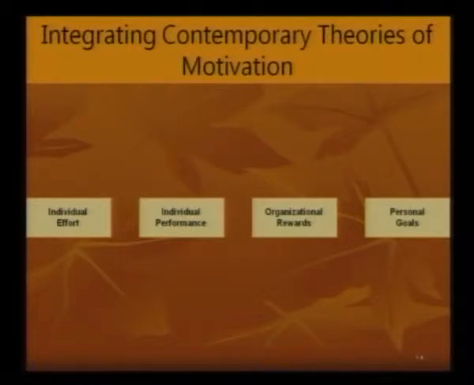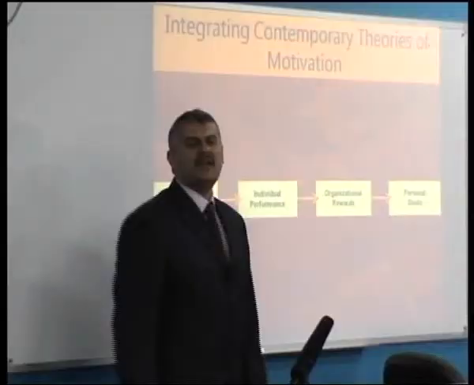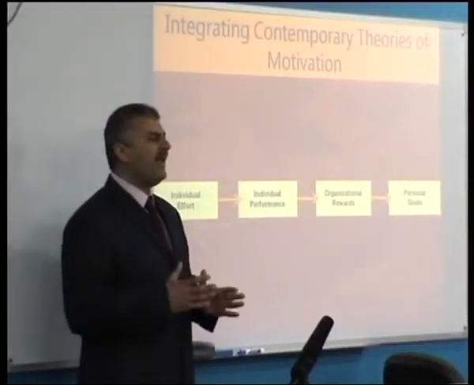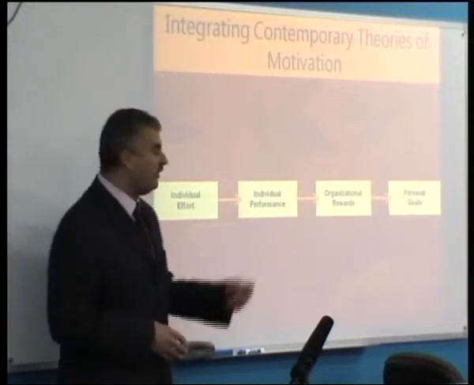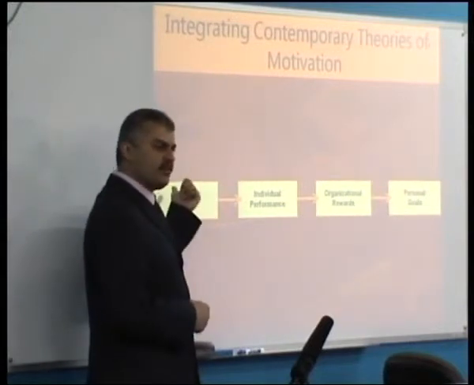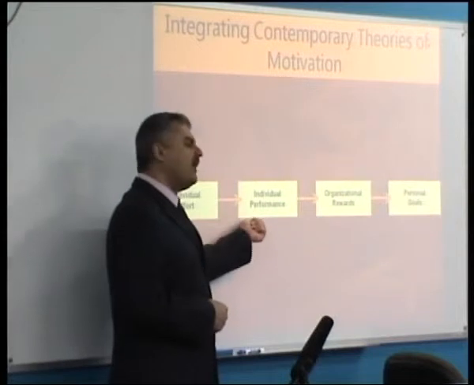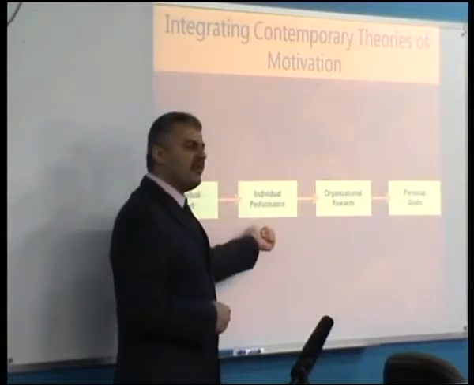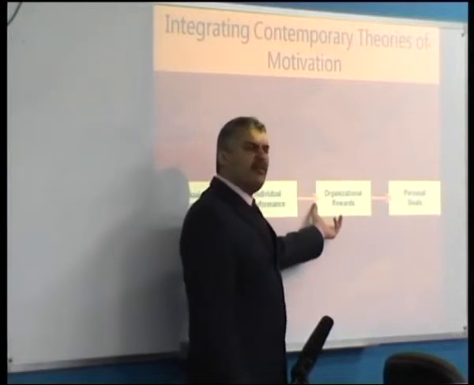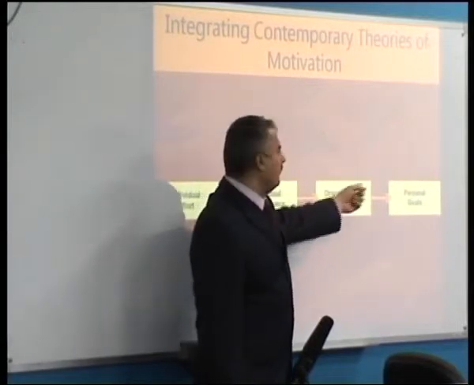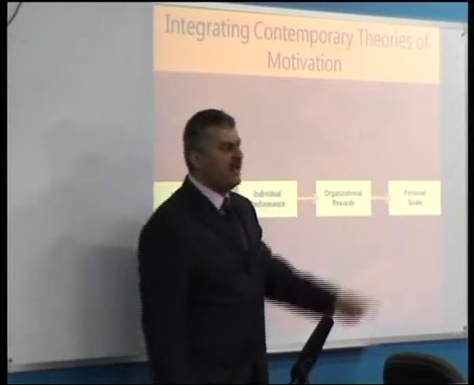But here, the expectancy theory is helping us to find out that there are four main components which are very important in any situation. Employees need to exert effort. They must reach the performance level desired by the organization. Rewards must be given by organizations in order to satisfy their needs.